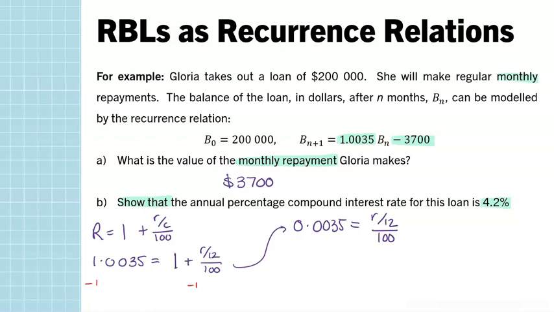The second step, I'm going to multiply by 100 on both sides, and I would have 0.35 equals R over 12. And then finally, I'm aiming to get R on its own. I would multiply 12 on both sides, and that would leave me 4.2 equals R. And so my rate is 4.2%.